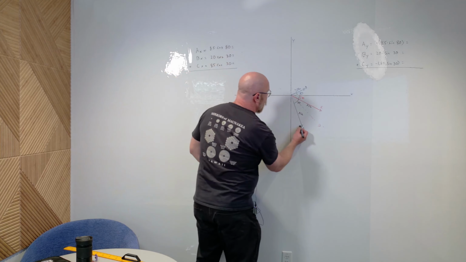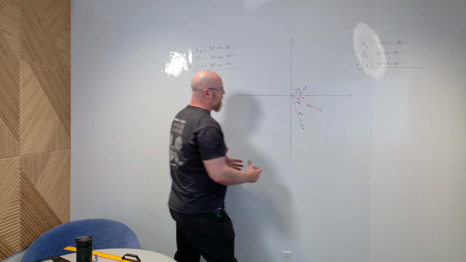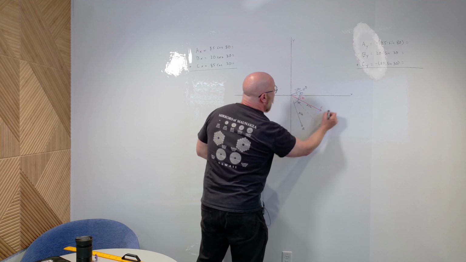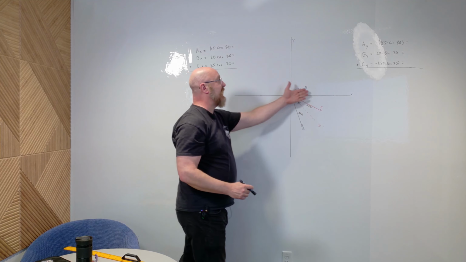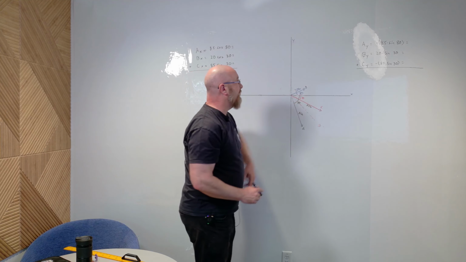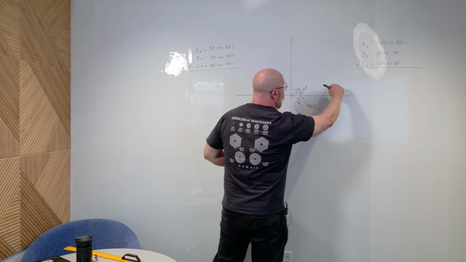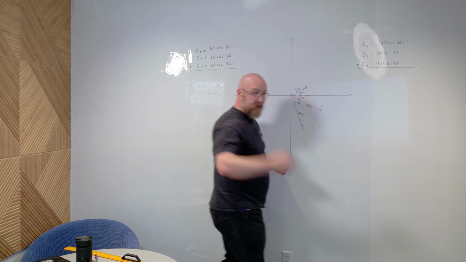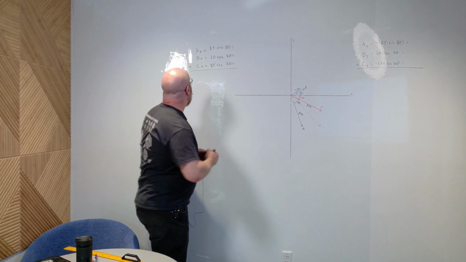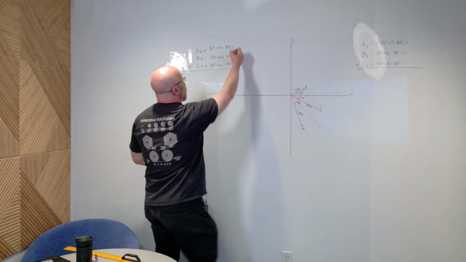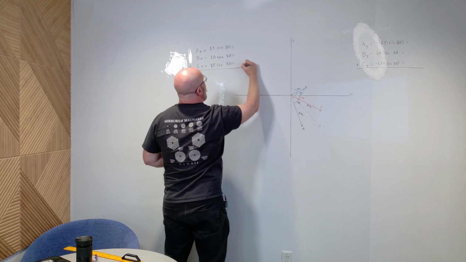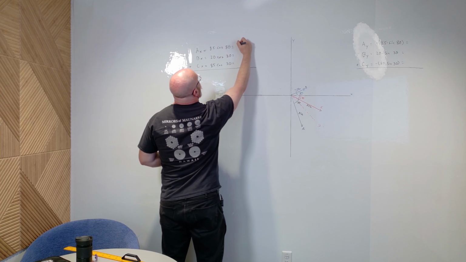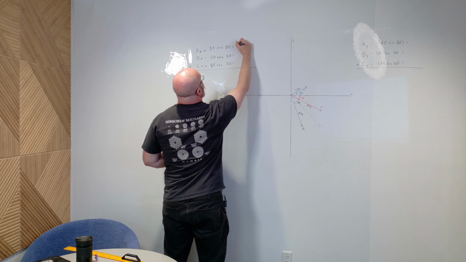Then we're going to take the next x component, which will be C, and add that there, and then add the next x component, and we're going to see the total x component on here. So let's do that real quickly. 85 cosine 80 equals, Mike, can you help me out? Yes. After some quick math, we have 14.76.